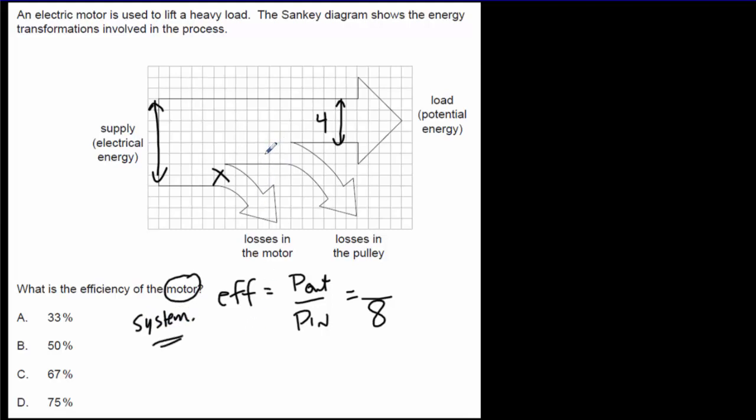So we should include these extra 2 units here in the efficiency of the motor, because in regards to the motor, that is useful energy, just being eaten up by the pulley. So in total we get 6 units of useful output for the motor. And our efficiency is, of course, 75%.